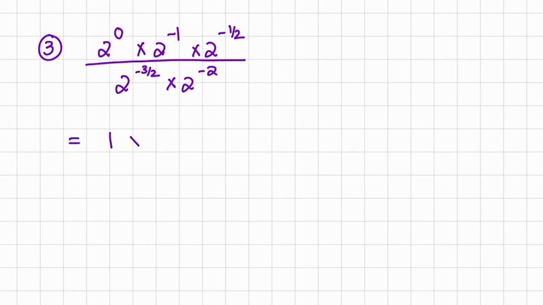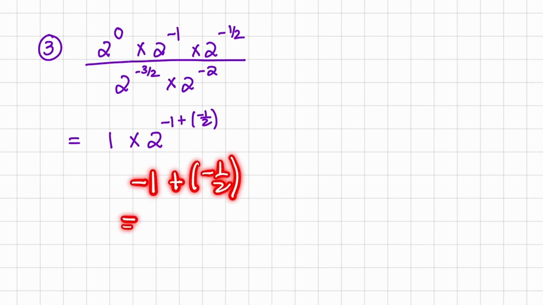So we have 1 multiplied with 2 to the power of minus 1 plus minus a half. So what I'm doing is I'm adding the exponents of the 2's in the numerator together. Now what I already know is that if I have minus 1 and I add negative a half, that becomes minus 1 and a half, which is the same as saying negative 3 over 2.